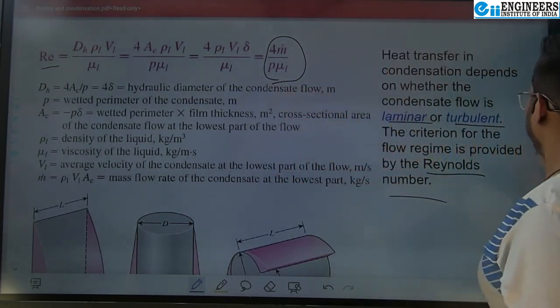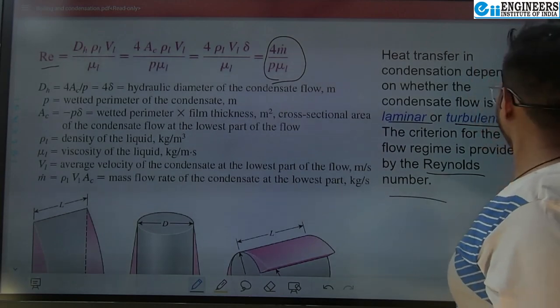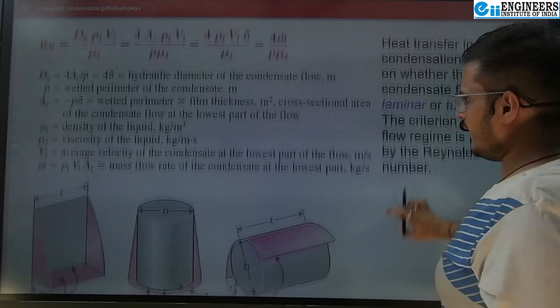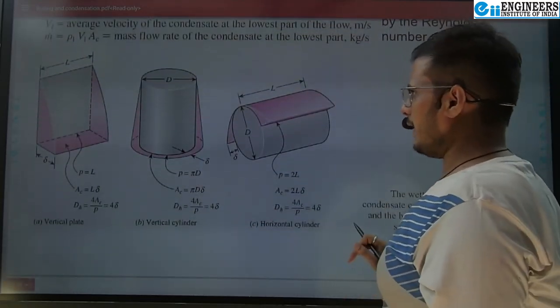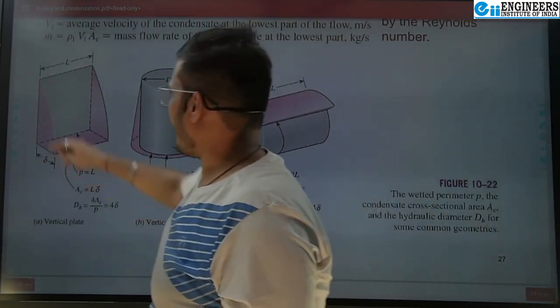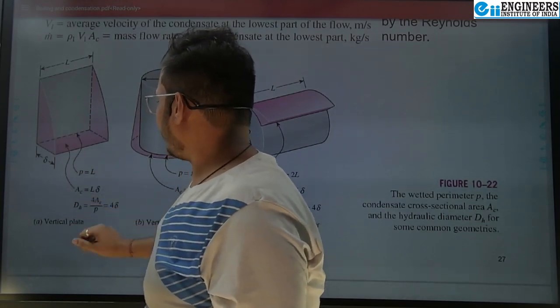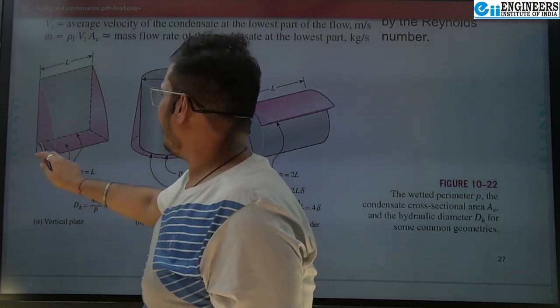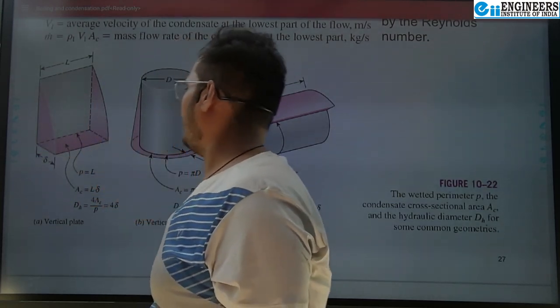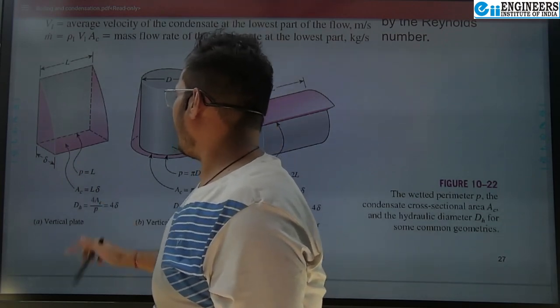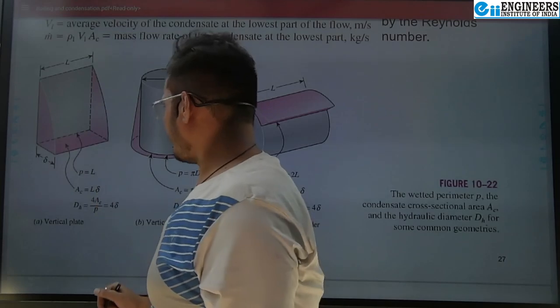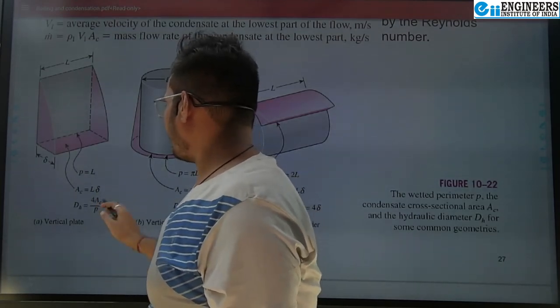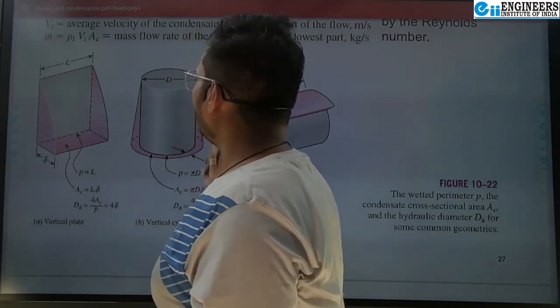If you see, for some different bodies there are different hydraulic diameters given. If it is a flat plate, the thickness is delta and suppose the width is L, then the area equals L delta and the perimeter equals L. The hydraulic diameter is 4A by P, that equals 4 delta.